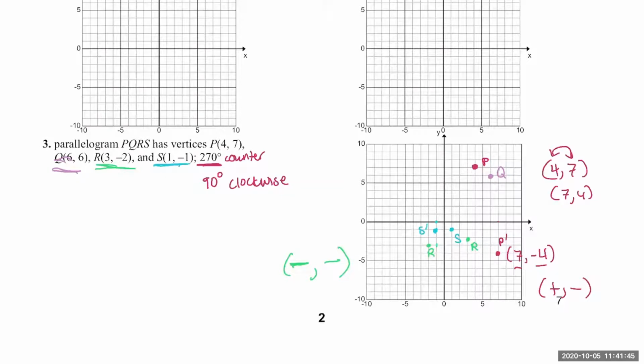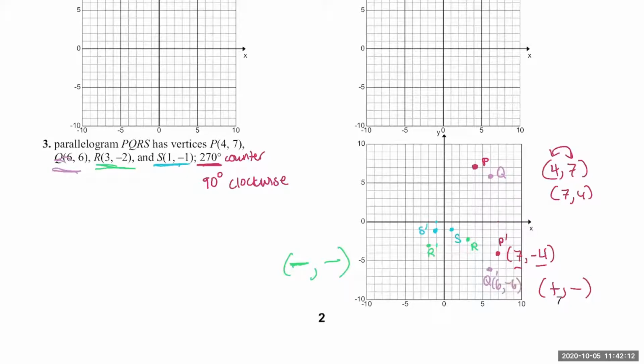Good, Ava. Good, Gavin. Okay, Christian's fixing it. And ask yourselves what quadrant you're going to be in. You're going to be in the fourth quadrant, where switching the values means it's now 6, -6 in that quadrant, Q prime.